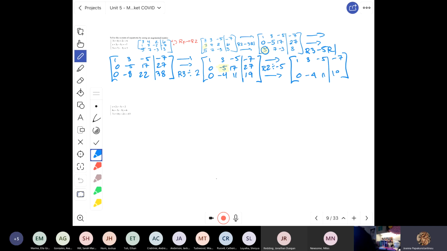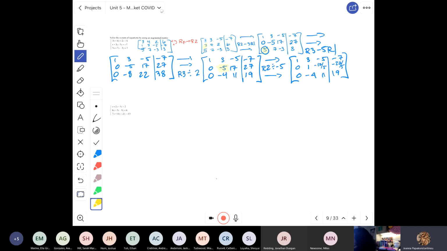Okay, so then I have 1 here. And yeah, you got a fraction, but it's not going to kill you. Okay. Now, the reason you want to try to get those ones there, if at all possible, is because when you multiply something by 1, it's easy to add it to another row and get a 0.